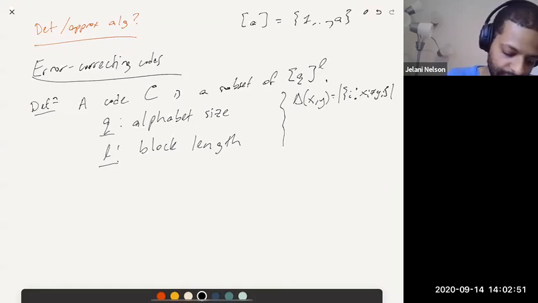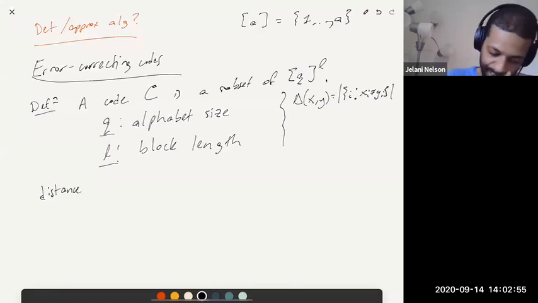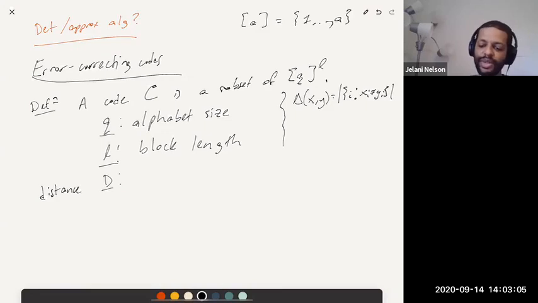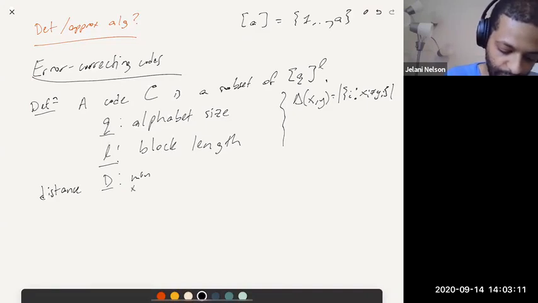The distance, let's say D, of the code is the Hamming distance between the two closest elements of the code. So this is the min over all x not equal to y in the code of the Hamming distance between x and y.